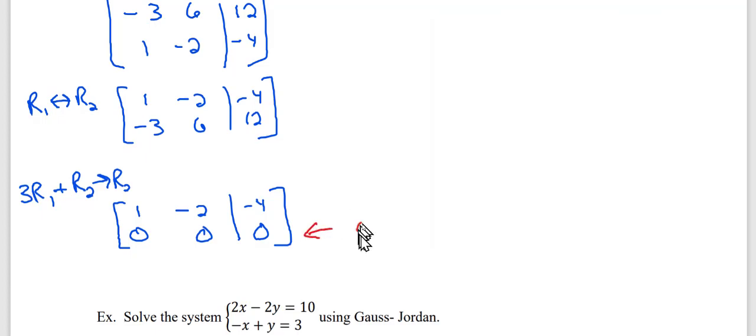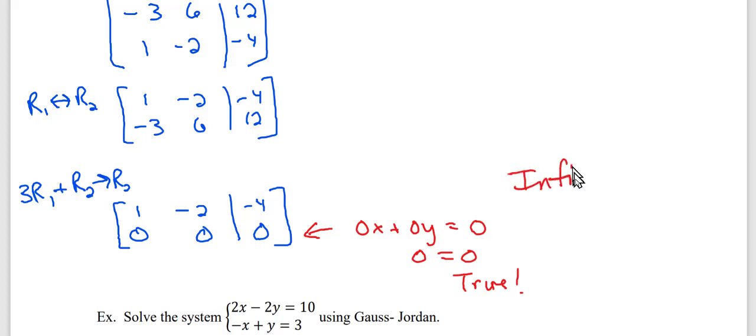Remember, it means 0x plus 0y equals 0. So 0 equals 0. That's okay. That's not a contradiction. That's true. No problems there. What that means, if I get truth out of this, is that we have infinitely many solutions.